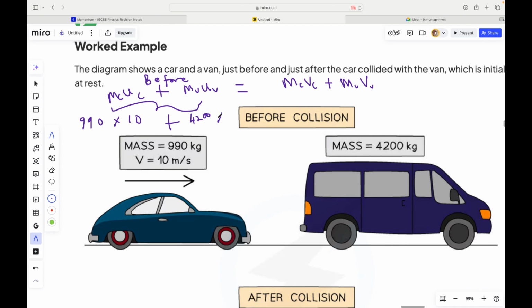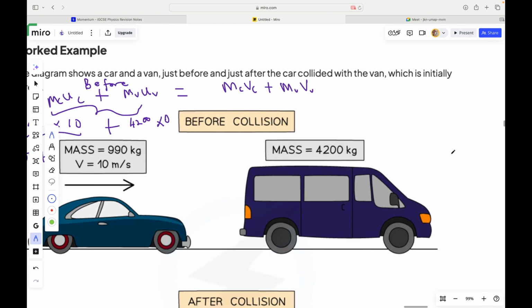If you multiply the car's, you get 9,900, plus 0. Total will be 9,900.